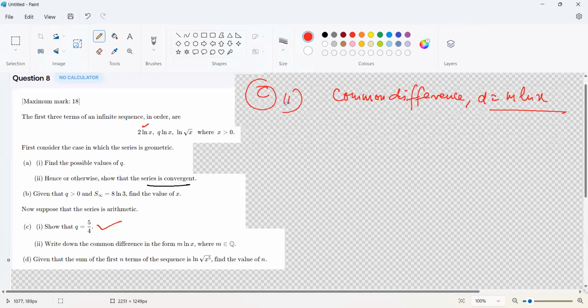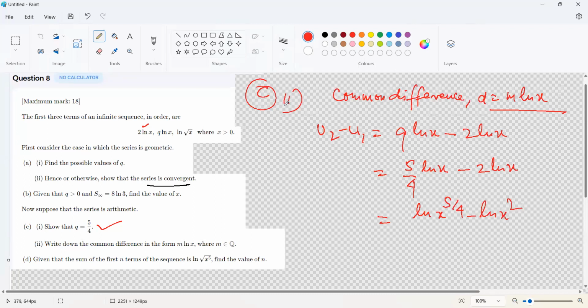What is the common difference we got? If you remember, the common difference was u2 minus u1, which is q ln x minus 2 ln x, which is 5 over 4 ln x minus 2 ln x. So this would be ln x raised to the power 5 over 4 minus ln x raised to the power 2.